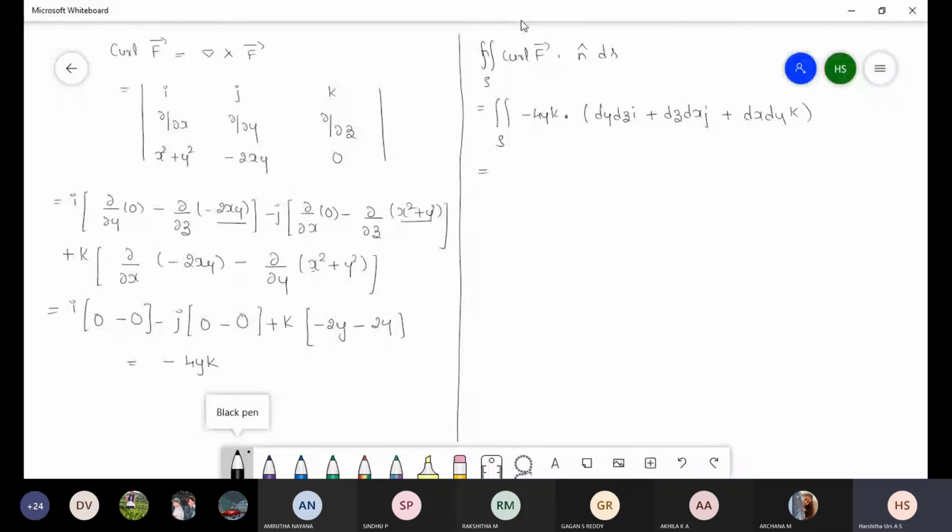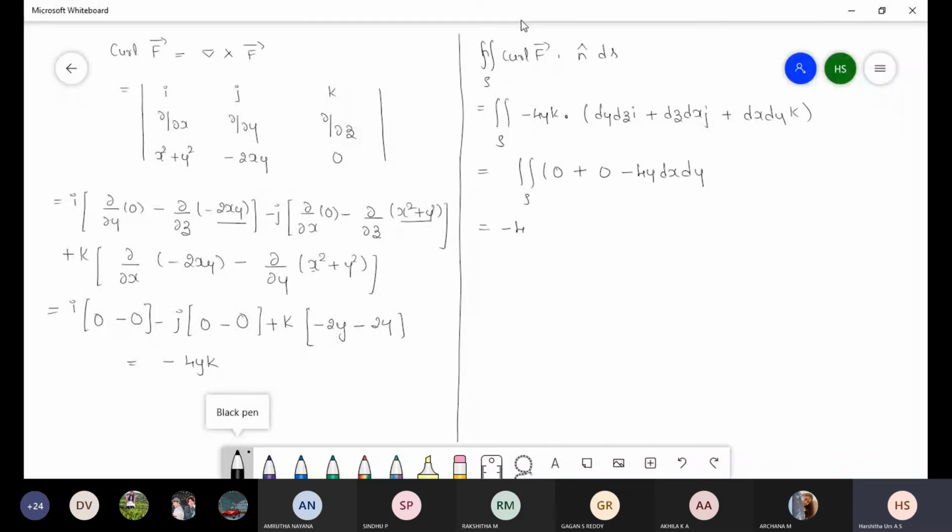So k dot i is 0, k dot j is 0, k dot k is 1. So here minus is there. So minus 4y dx dy. I write minus 4 outside.